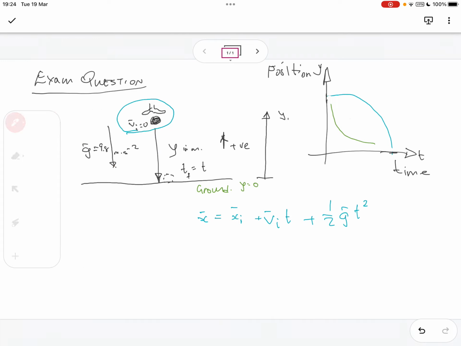And from math, we know that when we have an exponent on one of the variables, in this case our variable is t, which is the one we can vary, it has a particular relationship with the position, y in this case.